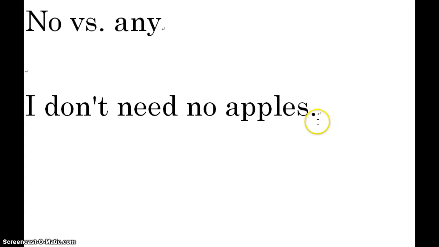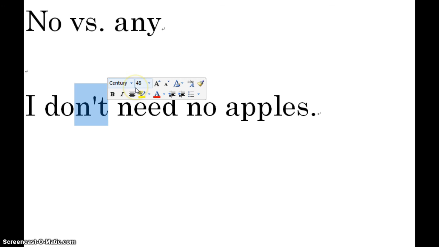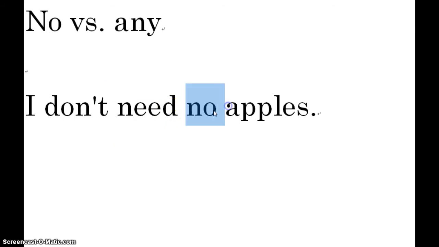Well, it's because the words no and not, as in don't, do not, the word not, is used in the same sentence. So, instead of saying, I don't need no apples, we can just say, I don't need apples. Or, you can replace the word no with any.